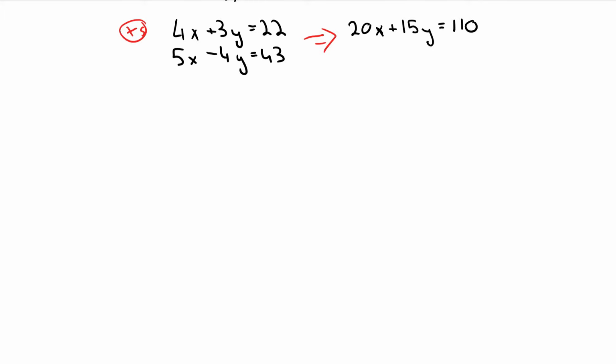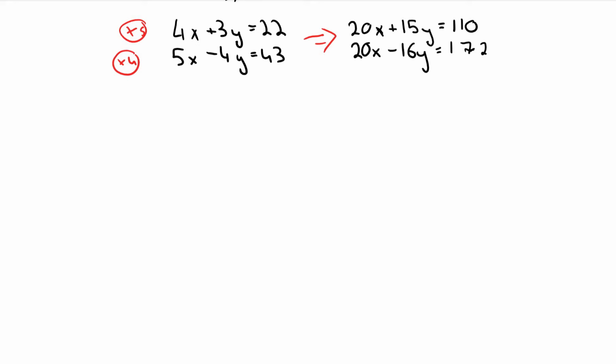And I'm going to multiply the bottom line by 4. Now why am I doing that? Well, we'll see in a second. So I'll multiply the bottom line by 4 and I'll get 20x minus 16y equals 172.